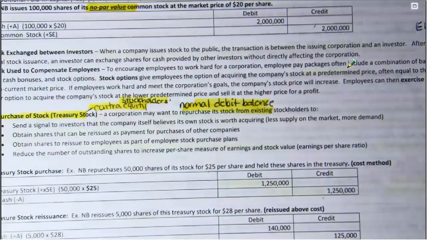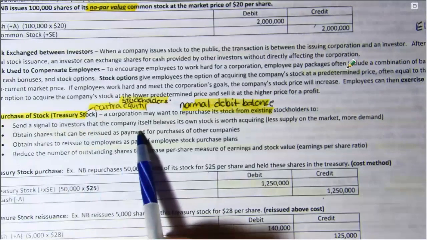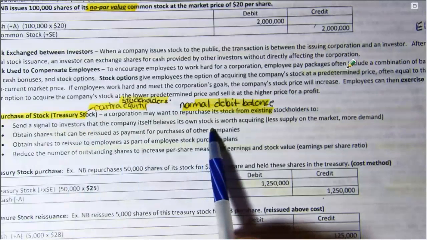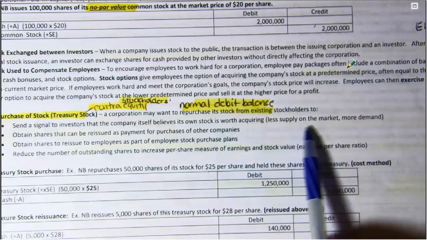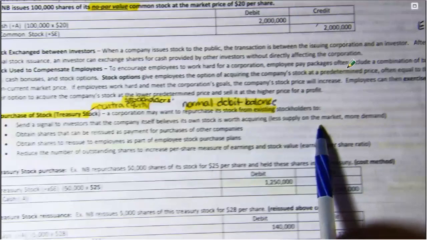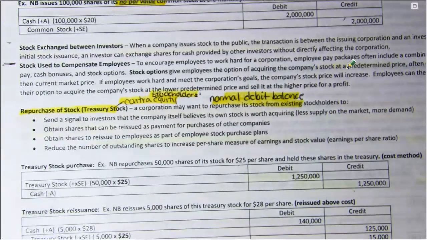So why would a company buy back its own stock? Well, they might buy it back to send a signal to investors that the company believes its own stock is worth reacquiring. So less supply on the market, more demand. You might obtain shares to be reissued as payment for purchase of other companies.